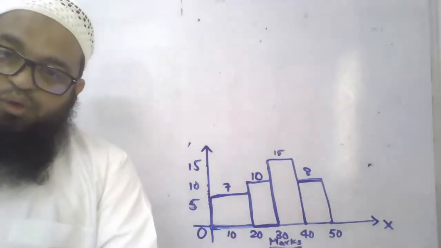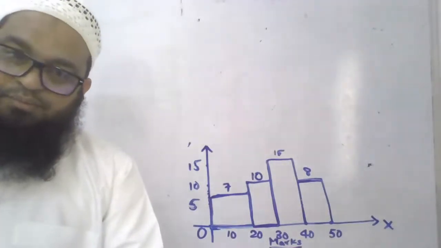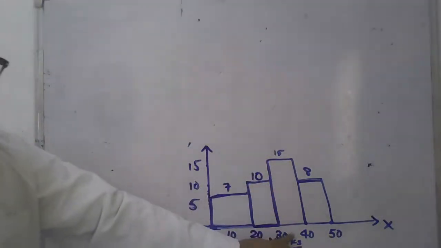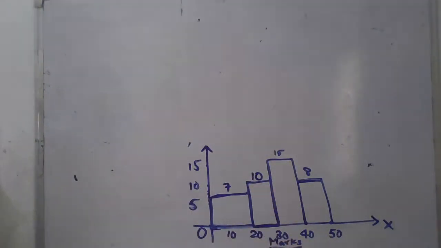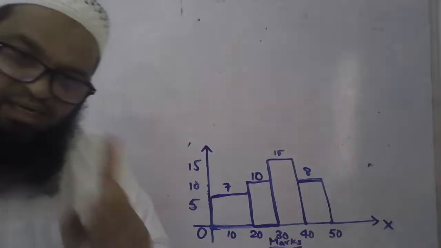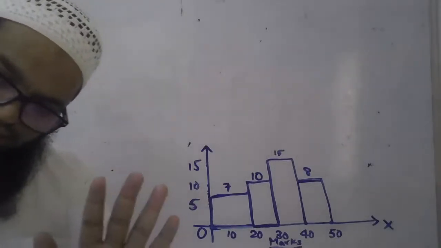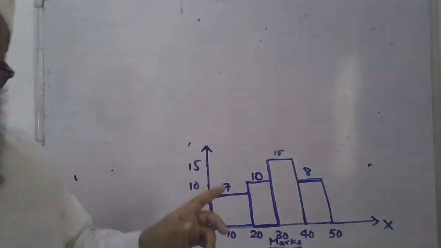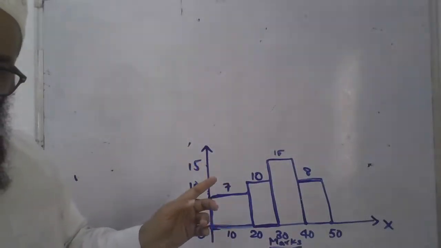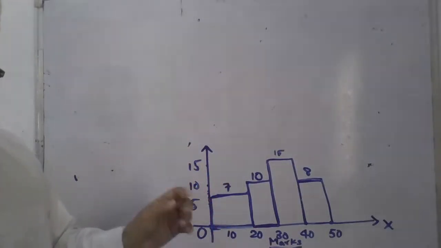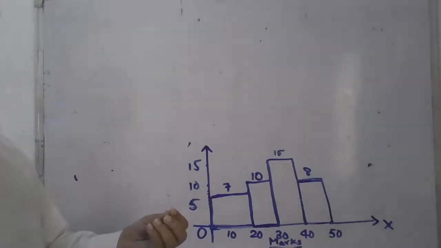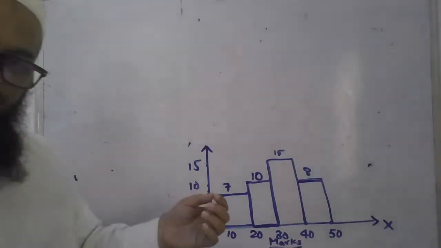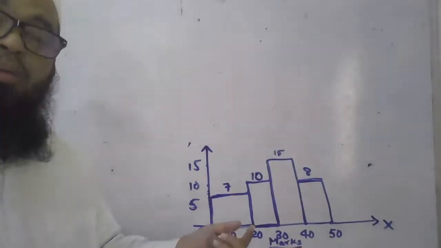Most number of students got how many marks? Ashret, 15. You got, what is the scale? 30 to 40. Everybody listen. Wait, please. Muhammad Ayan, wait. 7 marks is the wrong answer.